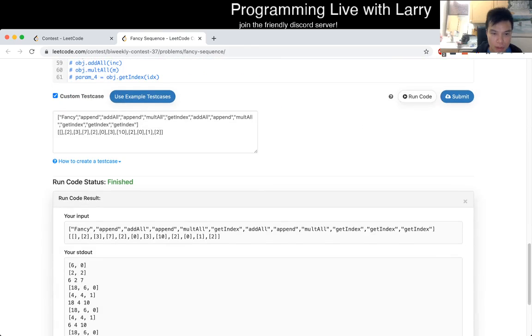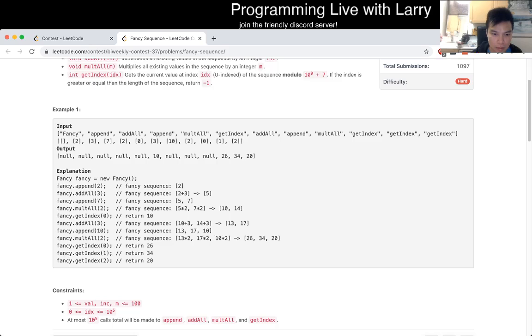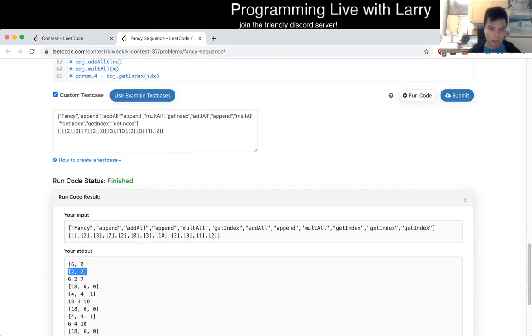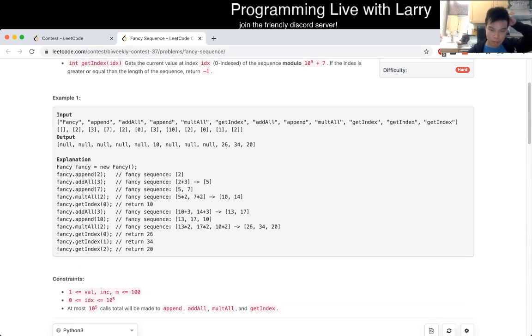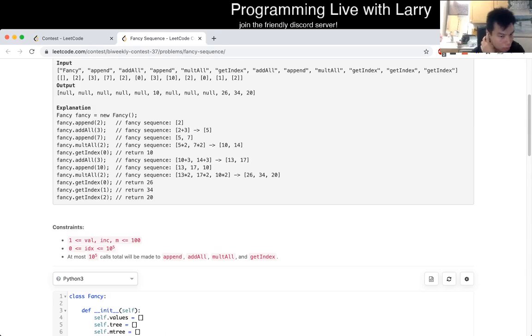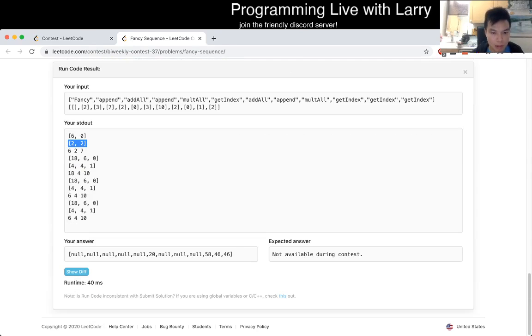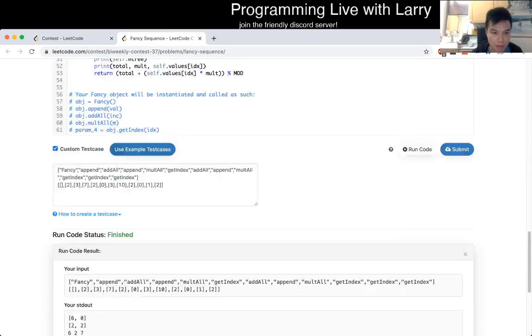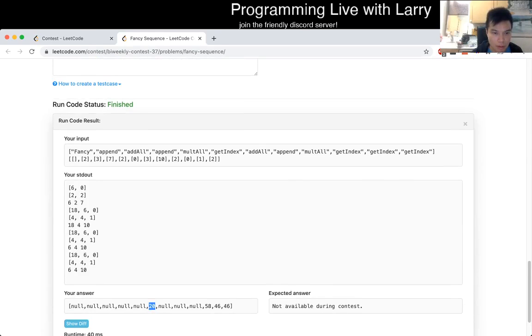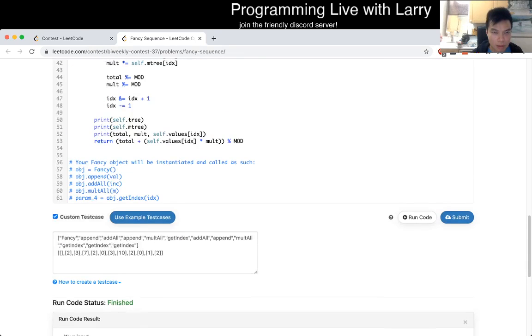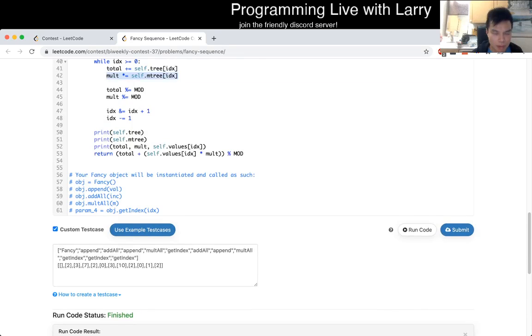That number is what we want. This number is what we want? Yeah, okay. Why did I get 20? So I don't know how to handle this part. So it's adding.